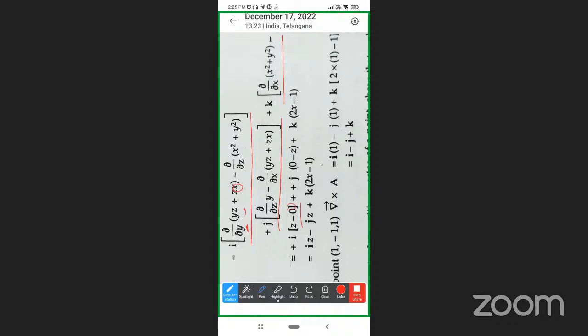So only dou y by dou y is 1, so that is only z. Similarly the z term: with respect to z, there is no z here, so that is 0. And with respect to x, this term is y and z is constant, that is 0. So plus, with respect to x, minus into minus, minus, and z, dou x by dou x is 1, z is constant.